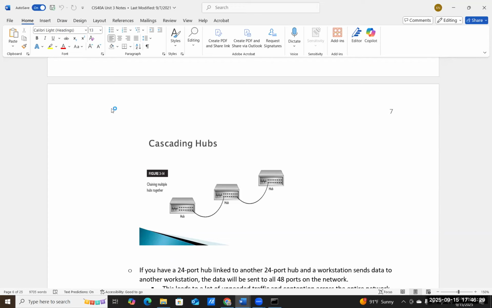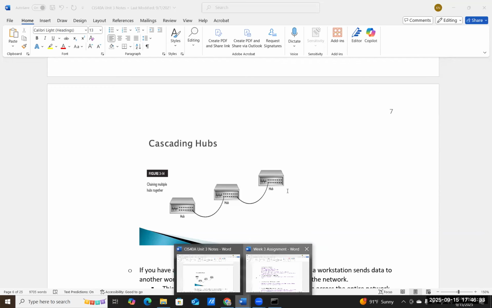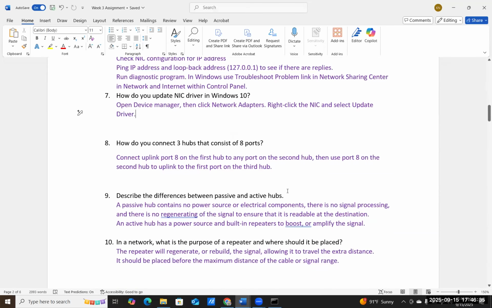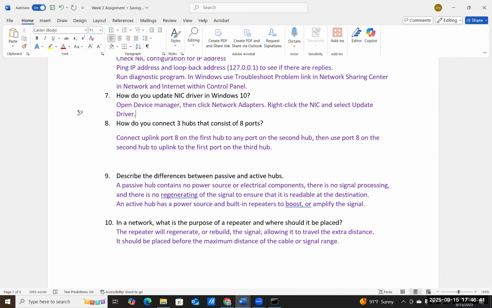Okay. So to answer the next question, you can refer to that section. It asks you, how can you connect 3 hubs that consist of 8 ports? That means that I want to be able to have 24 ports or around 24 ports available to my devices, right?